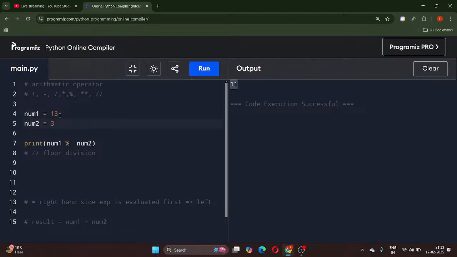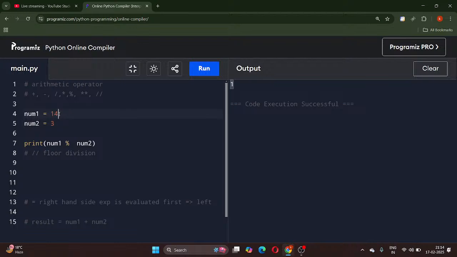You all know that 3 into 4 is 12, so 1 is the remainder in this case. You don't have to go for the fractional part, and whatever remainder is left, that you print whenever you are using the mod operator. So mod gives the remainder, right? Now let us run it again, and this time you're getting the answer as 1. It simply means that the remainder is what you're getting here.